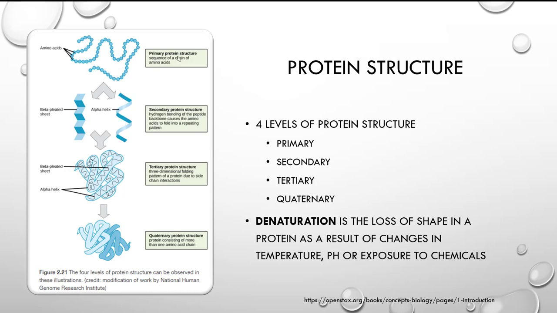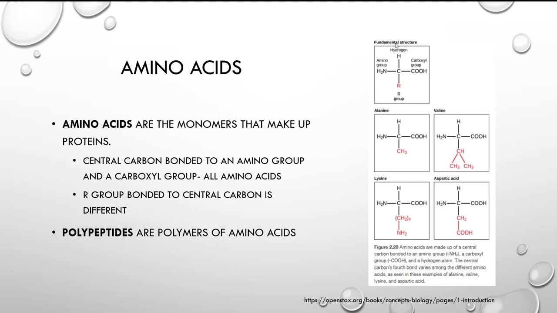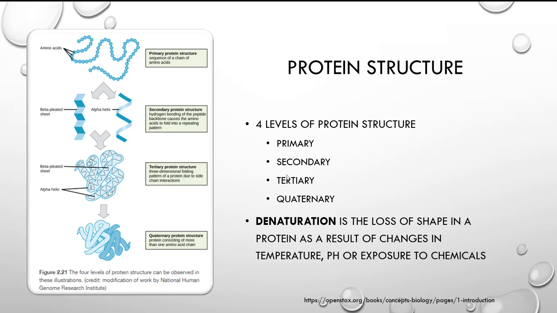But then, because we have this H involved, this H is going to start forming hydrogen bonds with nearby amino acids. And so we're going to start seeing a folding occur. This folding is going to cause either a beta pleated sheet or an alpha helix to form.